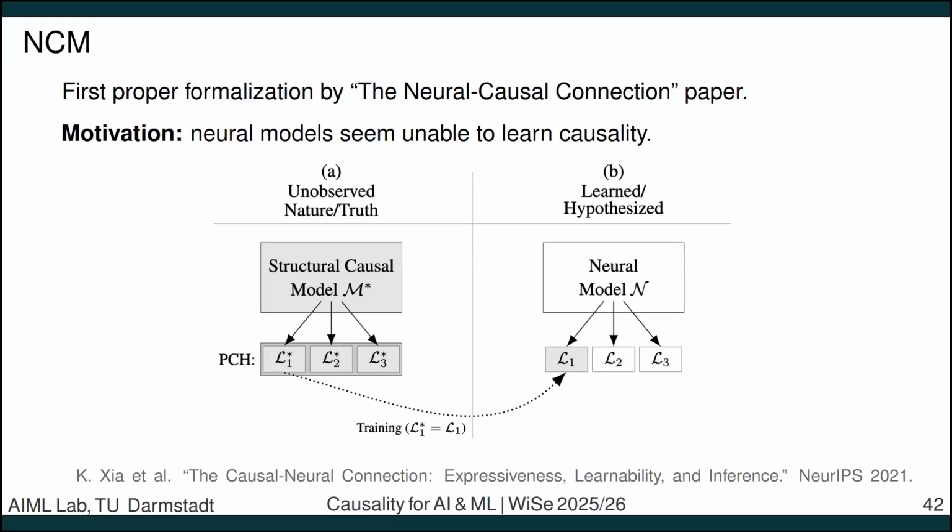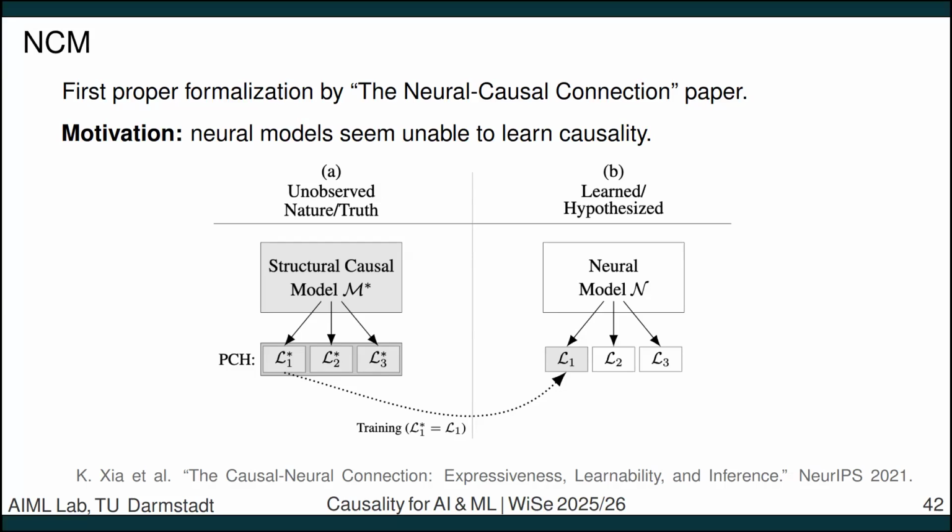And is this neural version then guaranteed to approximate our true causal model, or guaranteed to converge to the right model that generated the original data?